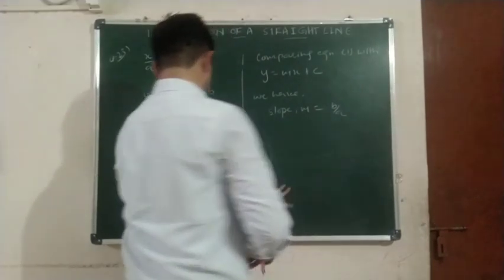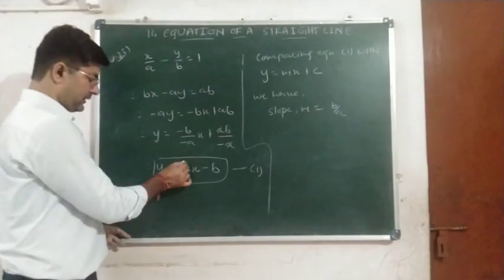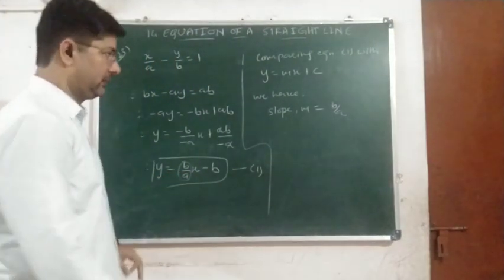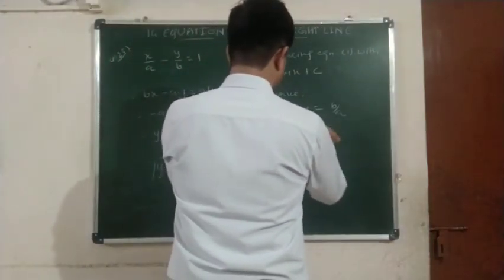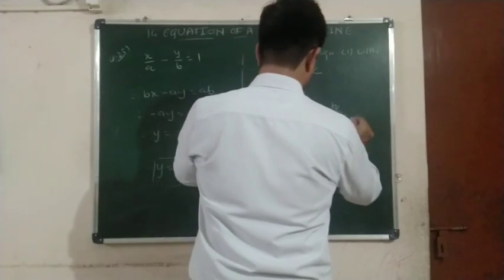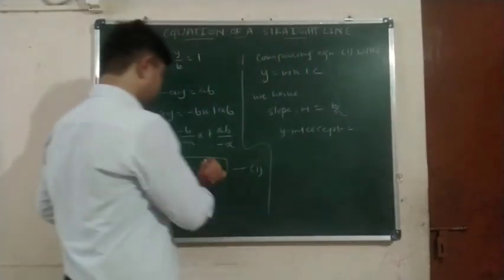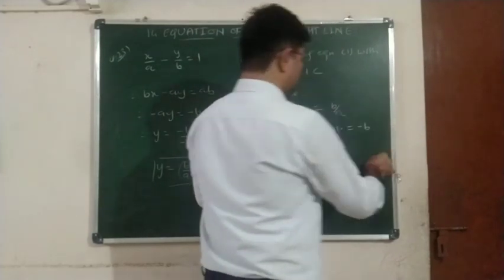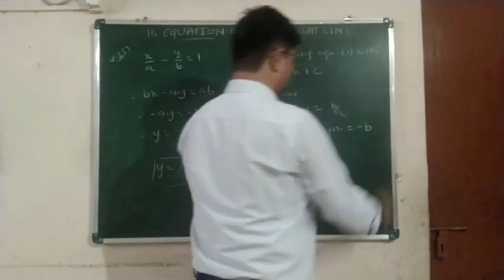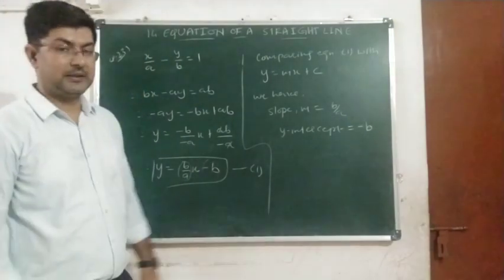Yes or no? Slope is the coefficient of x, that is b upon a, and the y-intercept is minus b. Clear? Why did we write the value of the y-intercept in this case?